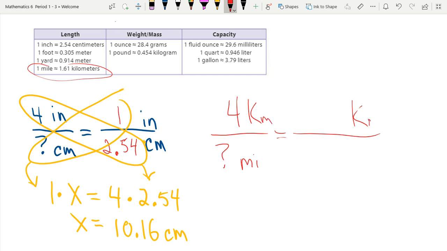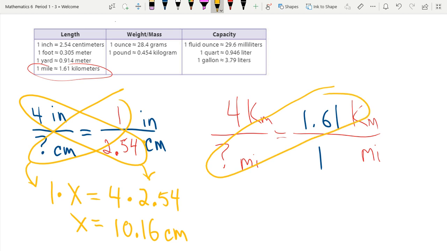Kilometers, miles. And remember I have to have it set up exactly the same. Kilometers to miles, kilometers to miles. And I say, okay, 1 mile is about 1.61 kilometers. Go ahead and do my cross multiply.